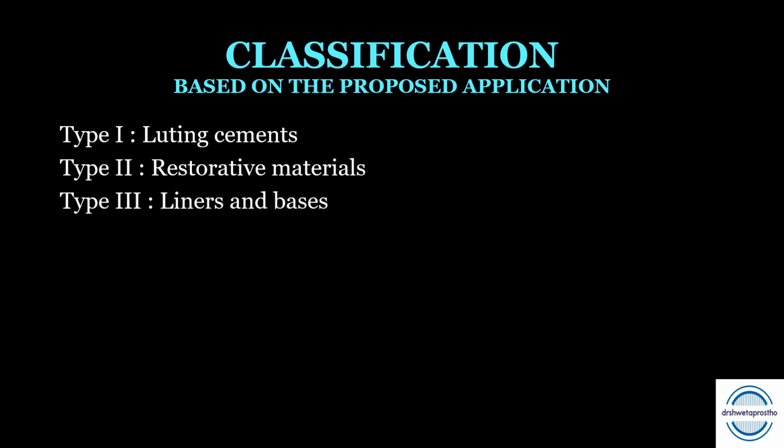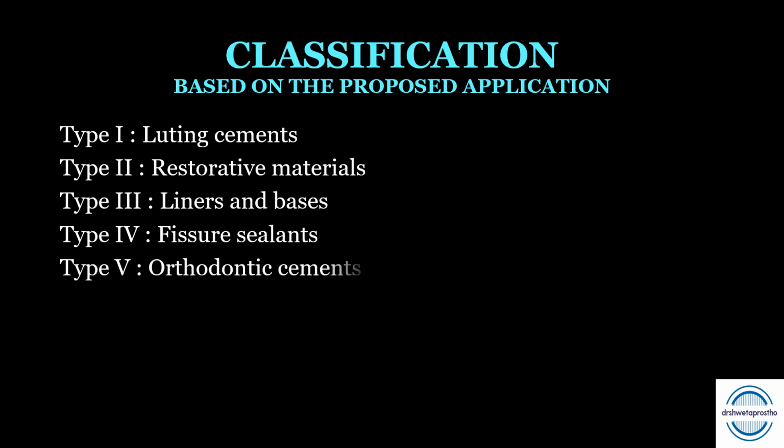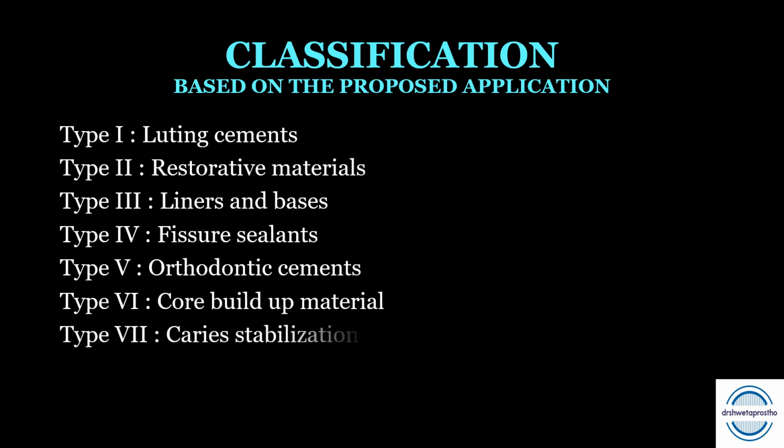Type 4, to a limited extent, but yes, they are used as pit and fissure sealants also. Type 5, they are used as orthodontic cements. Type 6, as a core buildup material. Then type 7 for caries stabilization and as a preventive material because of their anti-cariogenic property. Type 8, they are anterior ART material.